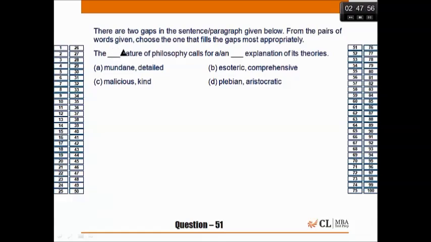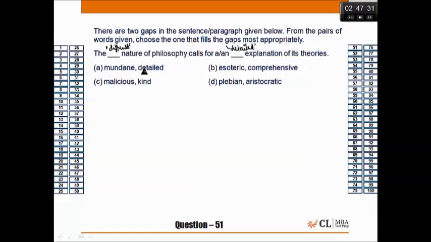Okay, 51. This is a text completion question, or fill in the blanks. There are 2 gaps. Find the pair of words. The blank nature of philosophy calls for a blank nature of its theories. First is to make a guess. Blank nature, maybe some word that says difficult. Nature of philosophy calls for something that is a detailed explanation of its theories.